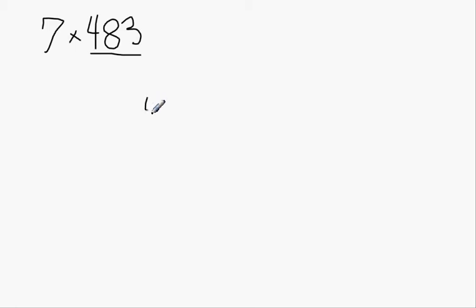So if you put 400 plus 80 plus 3, if that's how you've done the expanded form, then you've done it right, because that 4 is in the 100 spot, the 8 is in the 10 spot, and the 3 is in the 1's place.